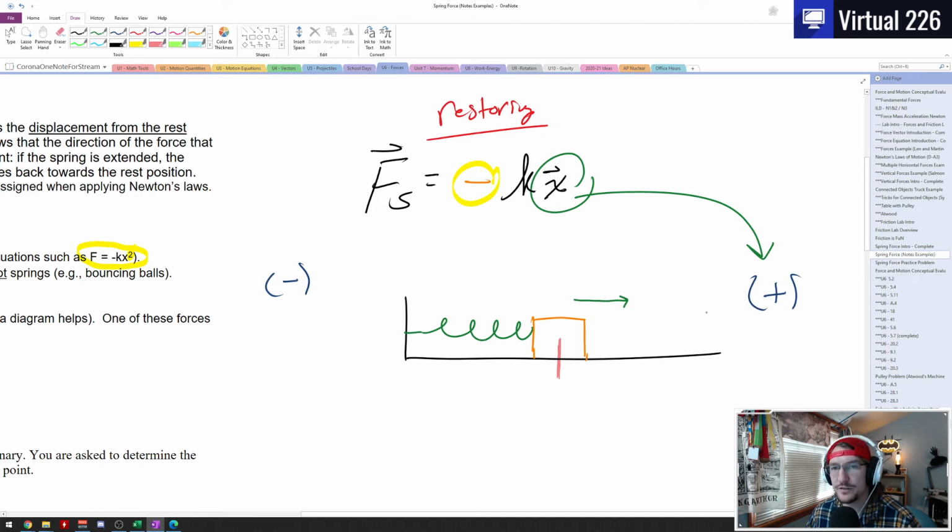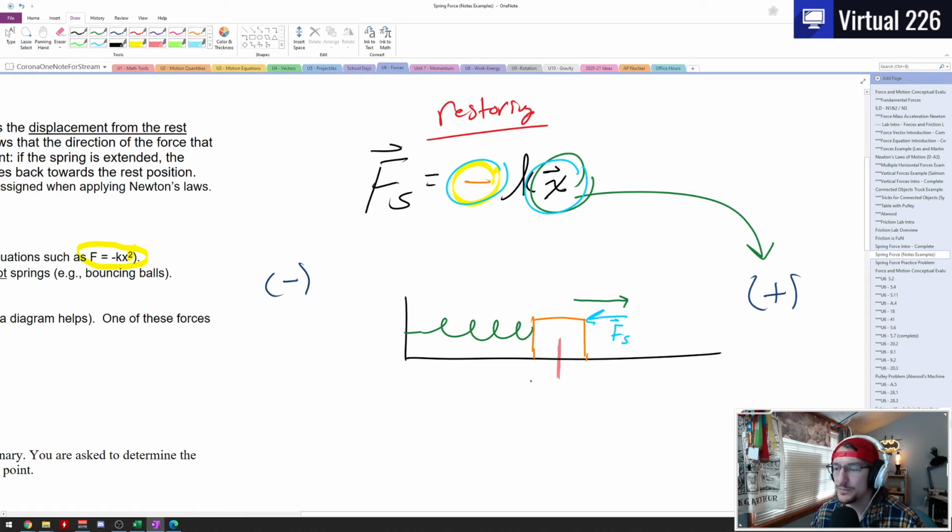Well, if I stretch this spring, what direction does the spring itself want to act on the block? Well, the spring wants to do the opposite of that. If you pull the spring to the right and you let it go, it's going to snap the block back to the left. So in this case, the spring force will act to the left and it will be negative. It is the opposite of the displacement.